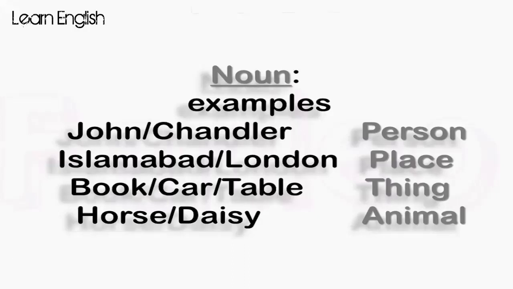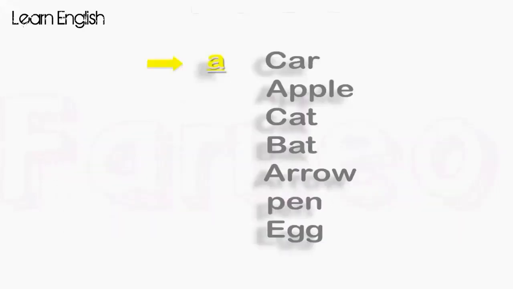Now, to put a or an in front of a noun, here are some examples. The first one that we have is car.